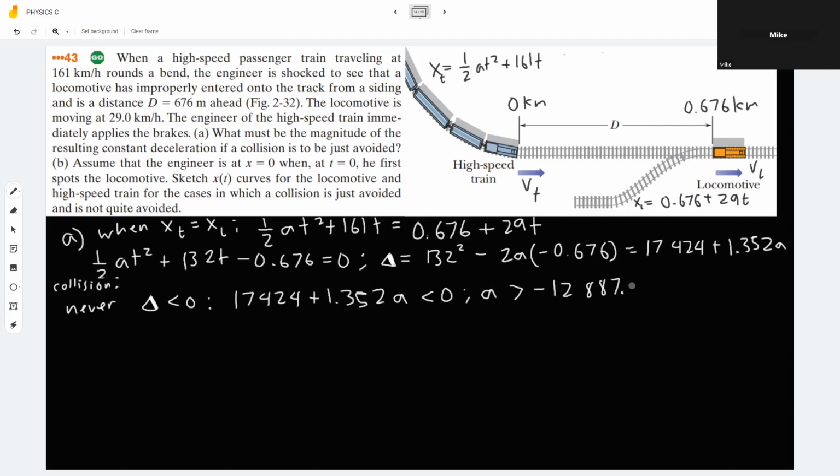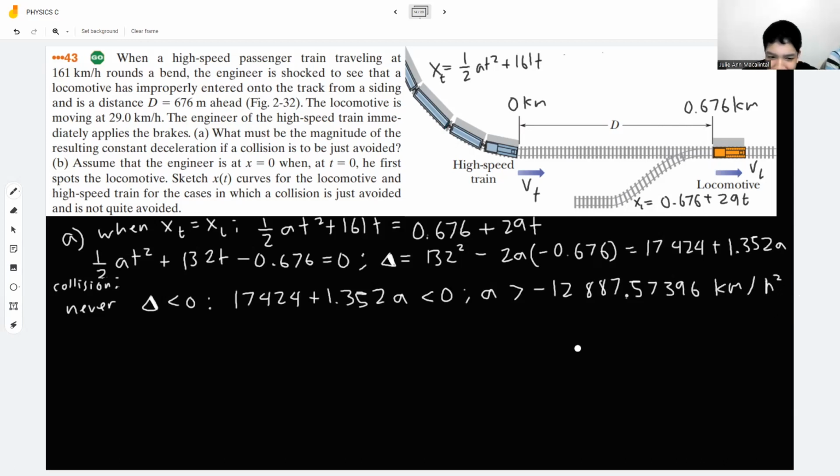So, my acceleration is 12,887.57396 kilometers per hour squared. It's not rounded off yet, because we want meters per second squared. So, convert. 1 hour is 3,600 seconds.